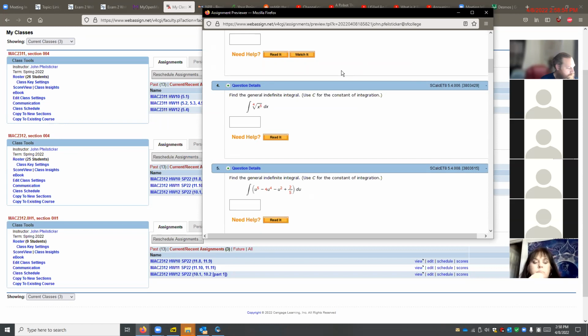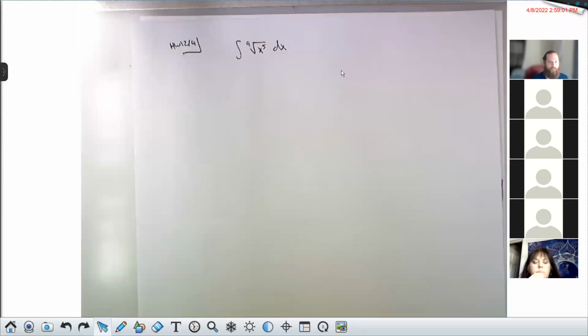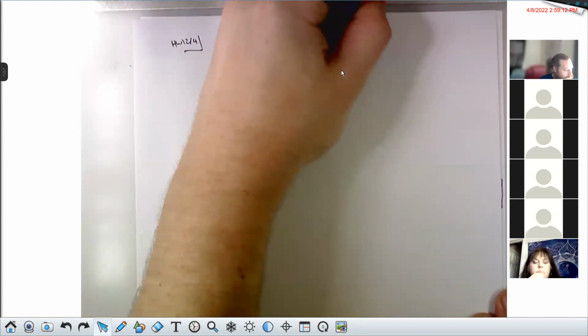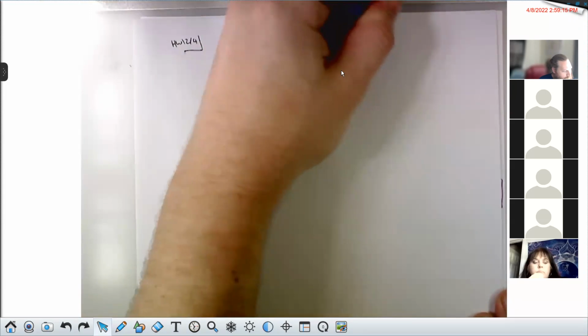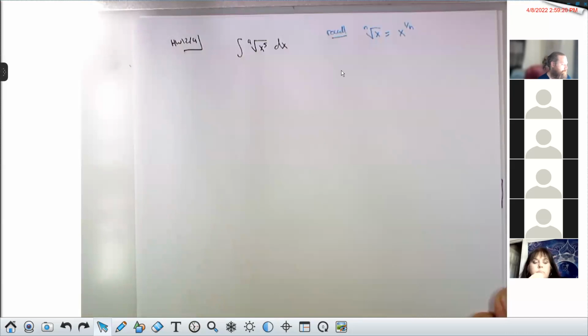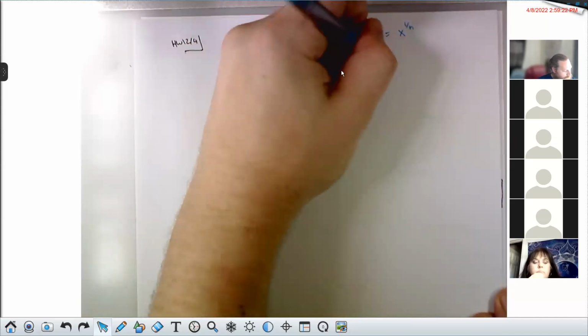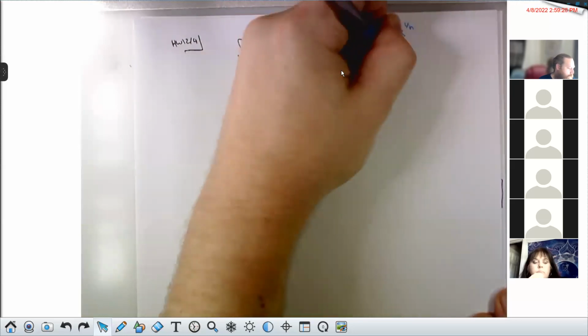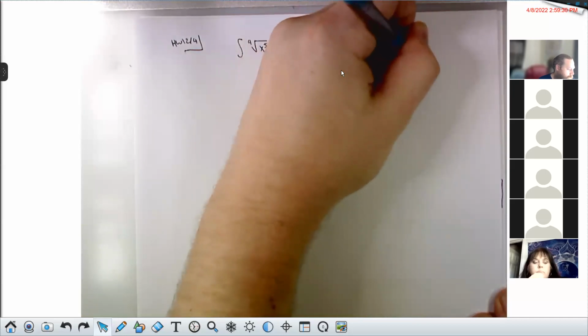We want to calculate the integral of the 4th root of x to the 5 dx. So the trick here is to remember the following algebra rules. If you have the nth root of something, that's the same as that thing to the 1 over nth power. And if you have something raised to a power, all raised to another power, those powers multiply.